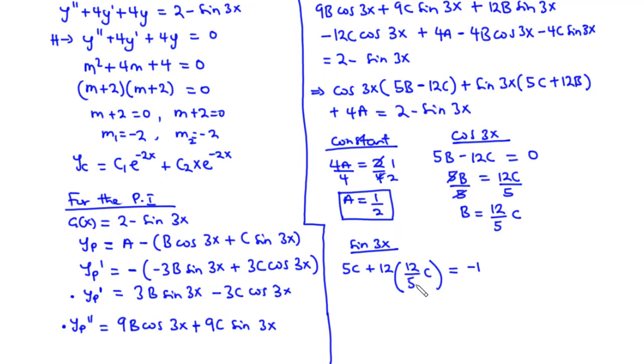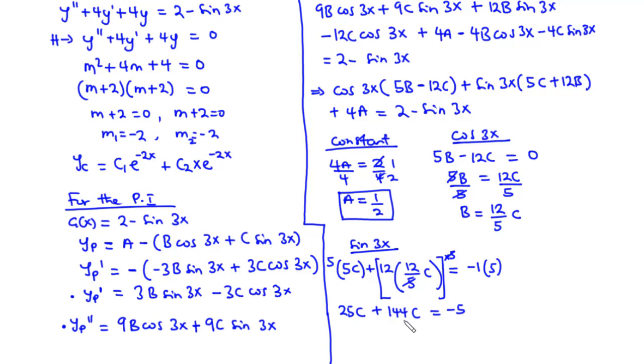Now let's multiply 5 across for each of the terms. So we have this times 5, this term also times 5, and then this also times 5. 5 cancels out 5. Here 5 times 5 we have 25c, plus this becomes 144c equals negative 5.